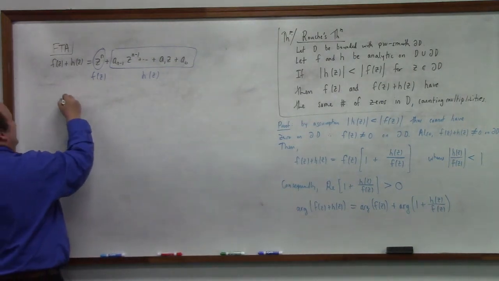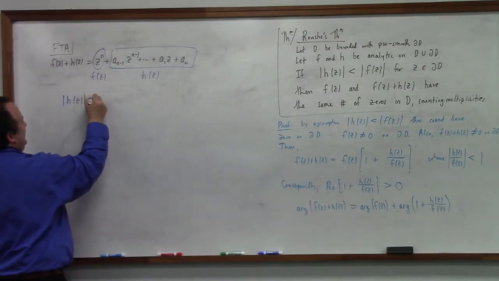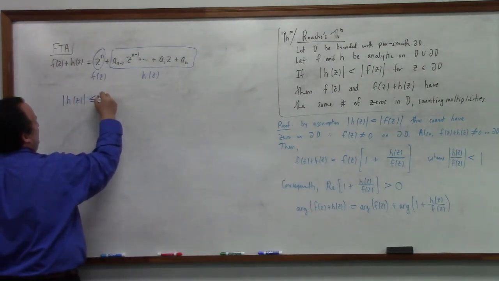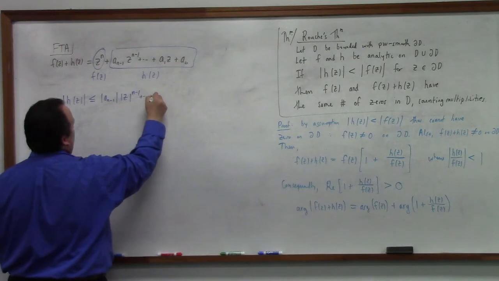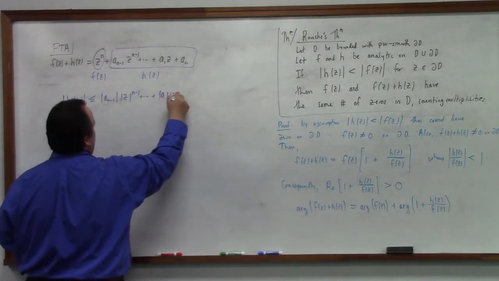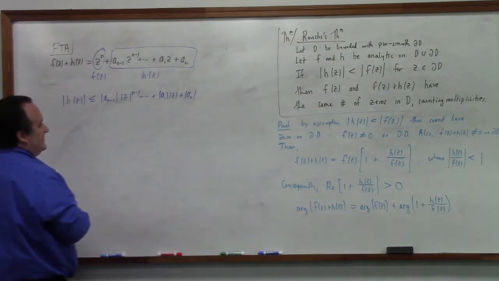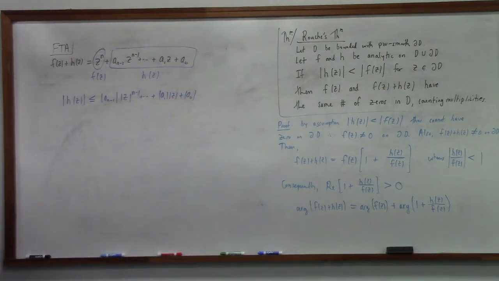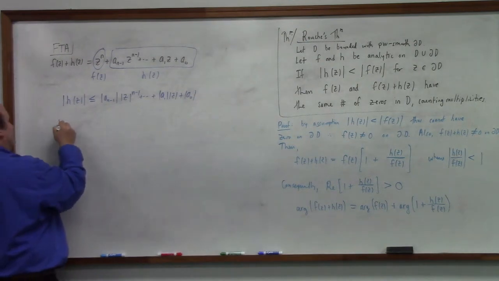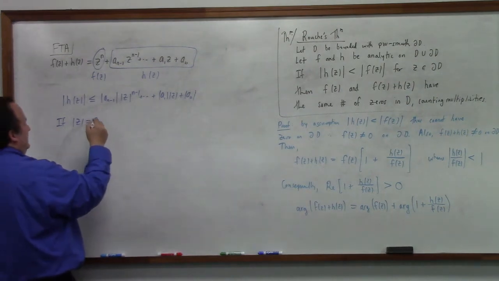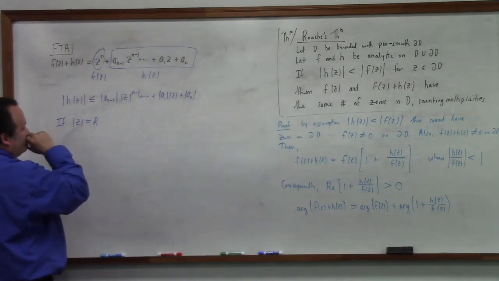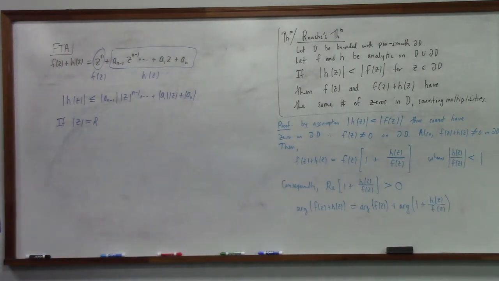So what's the modulus? Modulus of h of z is what? It's less than or equal to the modulus of a sub n minus 1, modulus of z to the n minus 1, and so on, by triangle inequality, right? So that's a finite list of things. If the modulus of z is equal to r, then this is less than or equal to what?